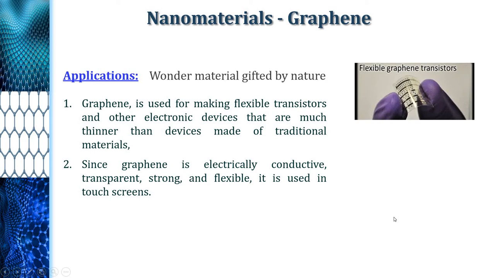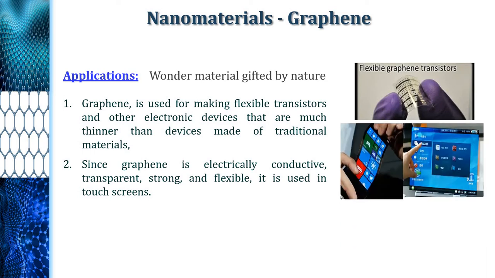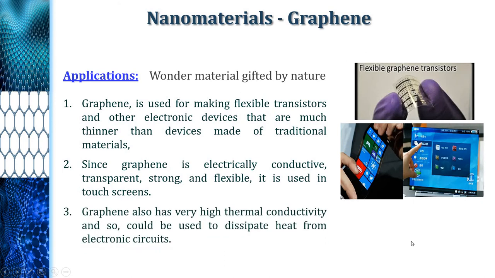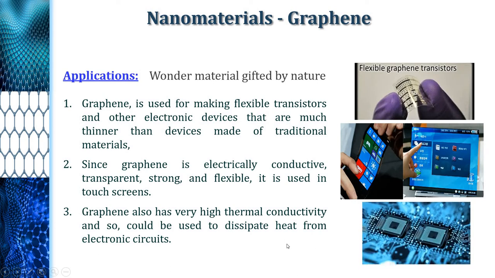Because it is electrically conductive, transparent, strong and flexible, it can be used in touch screen displays of laptops and mobile phones. Graphene also has very high thermal conductivity, so it is used to dissipate heat in electronic circuits.